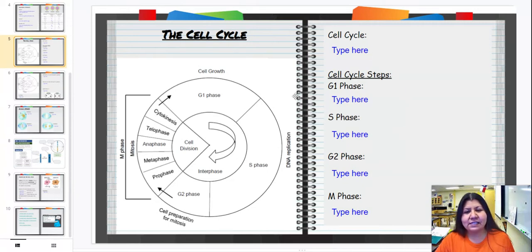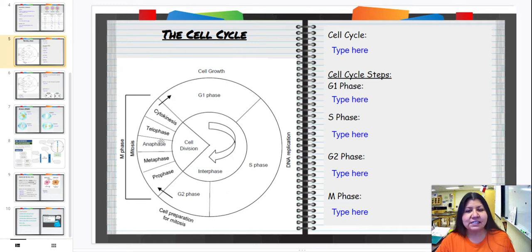On this particular slide, I have a diagram of the cell cycle, and it's exactly what it sounds like. It's a cycle. If I pick one phase, let's say G1, it's going to go clockwise. It goes from G1 phase to S phase, G2, prophase, metaphase, anaphase, telophase, cytokinesis, and it just keeps on going and going.